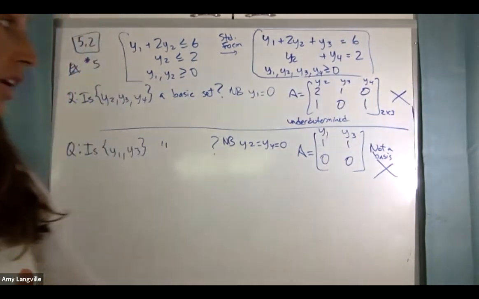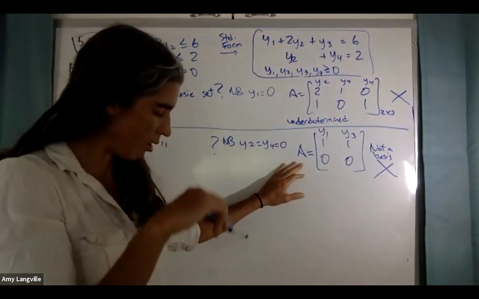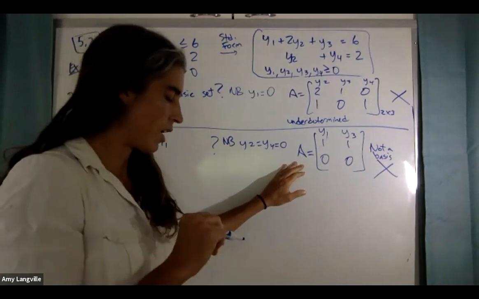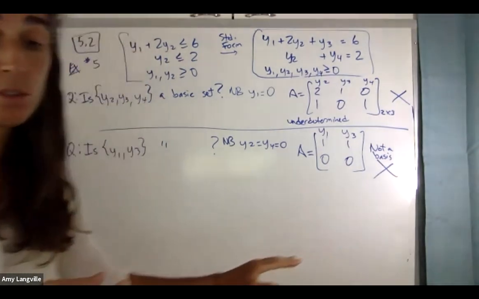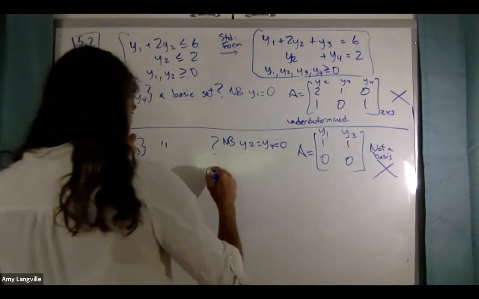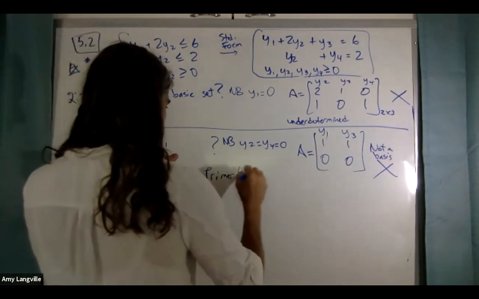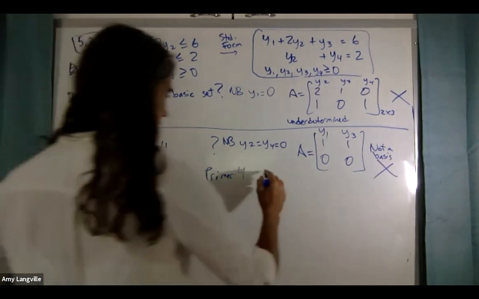Another way to check. So we talked about you could do REF on this, you could do rank, you could do just visual inspection, but remember, you could also check the determinant, and he's got a nice primer number 4. If you don't remember your linear algebra, check out primer number 4. And it talks about if the determinant is non-zero.